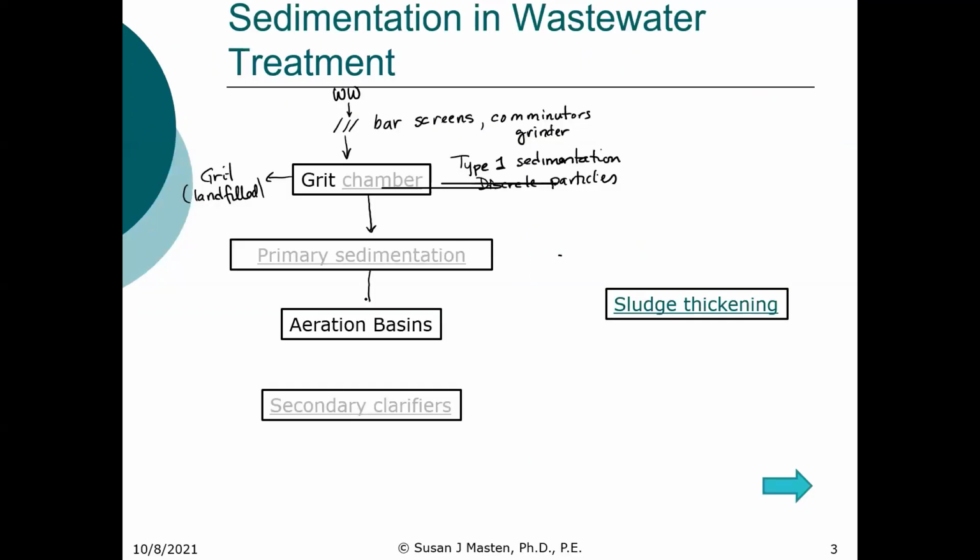From there, the effluent flows into an aeration basin. The sludge from the bottom is then typically further processed through some sort of sludge thickening. Dewatering may require subsequent treatment, for example, stabilization. Basically, what we're looking at doing is trying to make sure that that sludge doesn't negatively impact the environment when it's ultimately discharged.